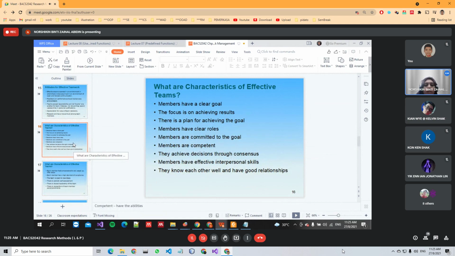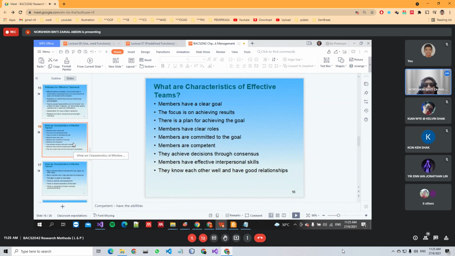In a team, first, you need to know the goal: why you are working together, why you need them in a team, what you want to achieve. Second, you need to know your responsibility, what you are assigned for, what you need to do. That one is very important. Third, you need to respect your teammate, the other students in your assignment.